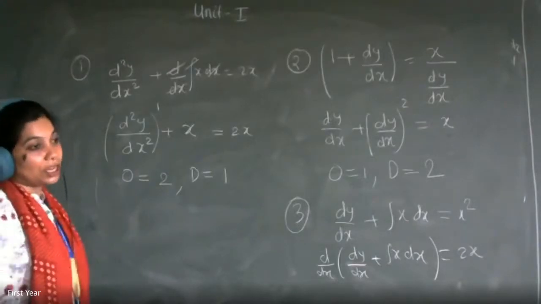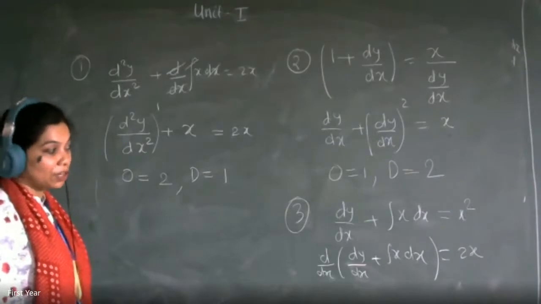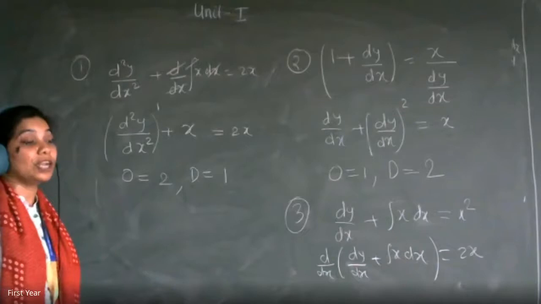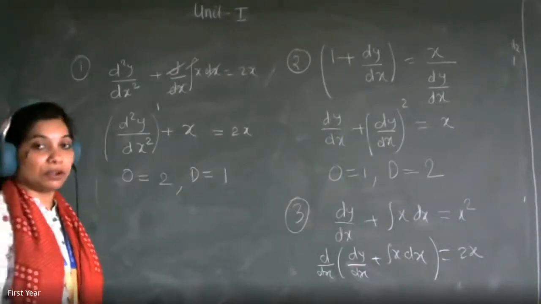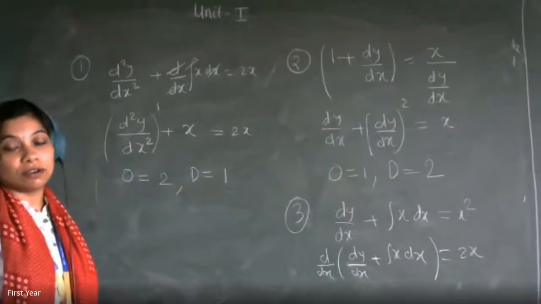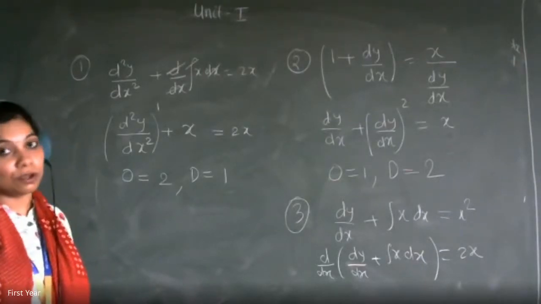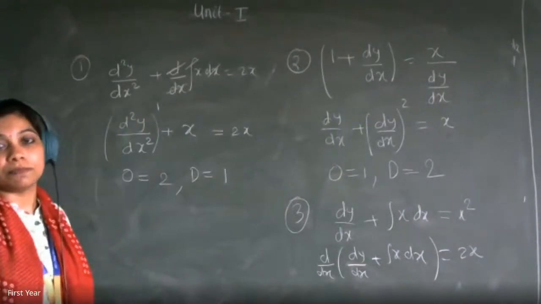If I do the integration, it will be x square by 2, and since it is not a definite integral, plus c will come. In the definition of a differential equation, we said it should have no arbitrary constant. You'll have to remove that arbitrary constant, which again means you have to differentiate, so your order will become 2 again. So rather than doing that first and then doing it, it is one and the same thing. Getting it?